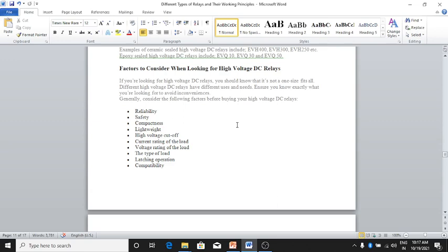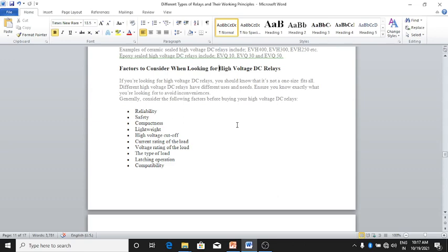First is reliability, second is safety, third is compactness, fourth is lightweight, fifth is high voltage cutoff, sixth is current rating of the load, seventh is voltage rating of the load, eighth is the type of load, ninth is latching operation, and tenth is compatibility.